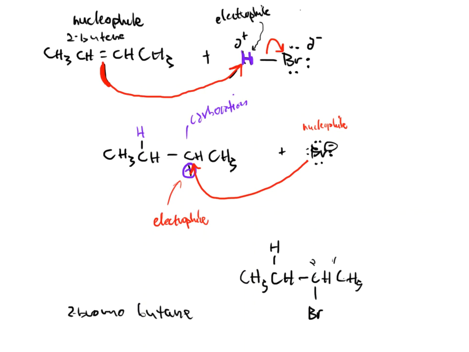The direction of the arrows are important because they always start at the negative piece and they always point to the positive piece. That is the way this works every single time. Okay?